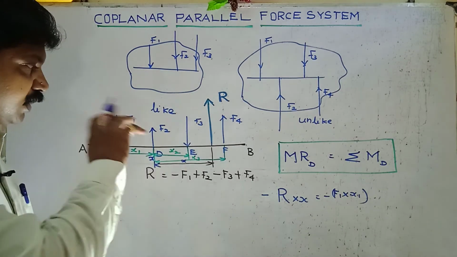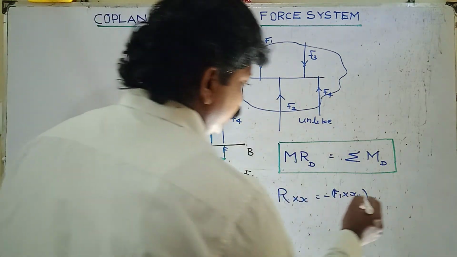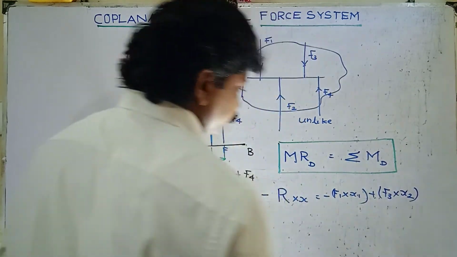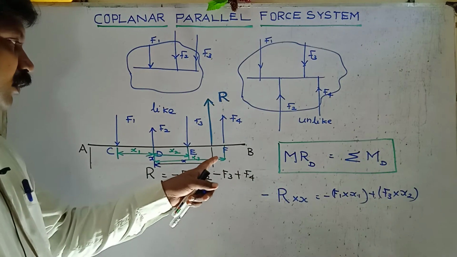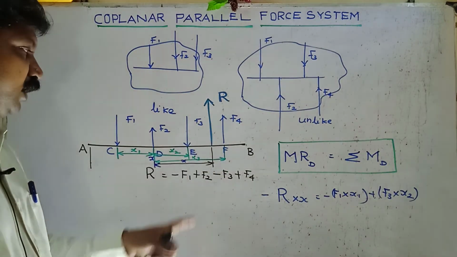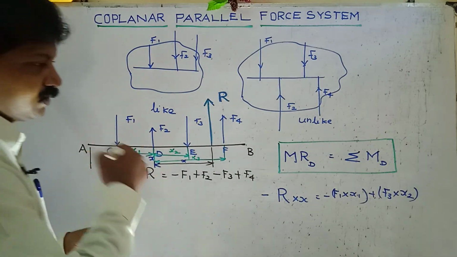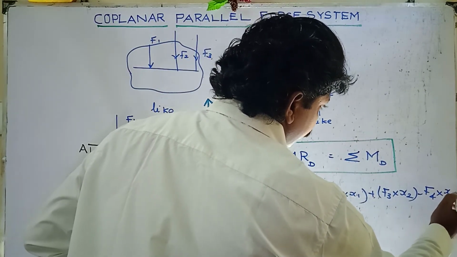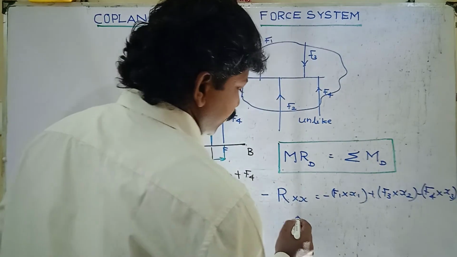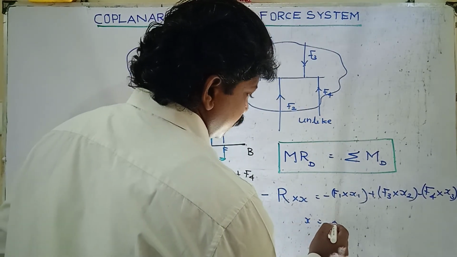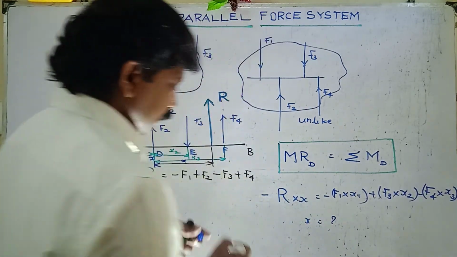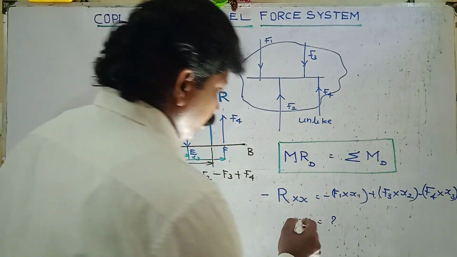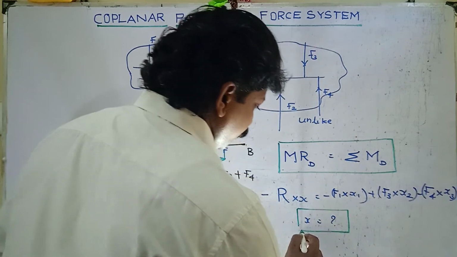And F3, clockwise, plus F3 into x2. And then F4 into x3, anti-clockwise, so minus F4 into x3. From that, find the value of x.